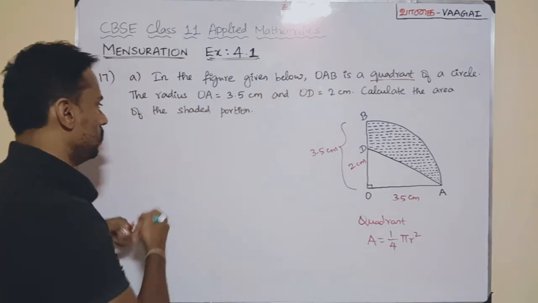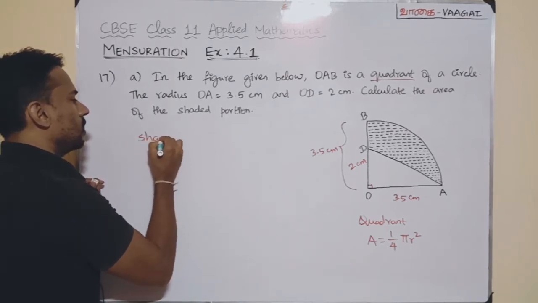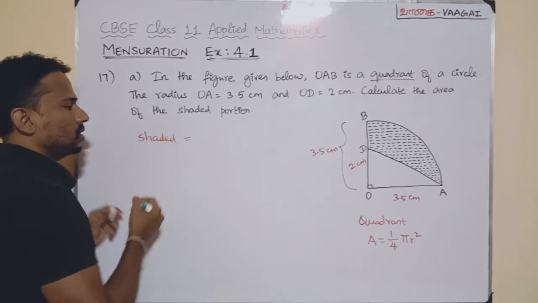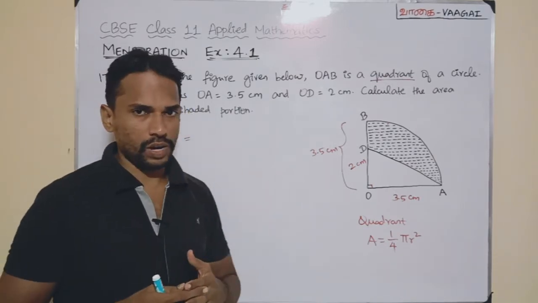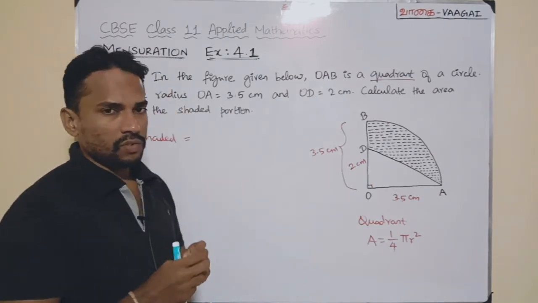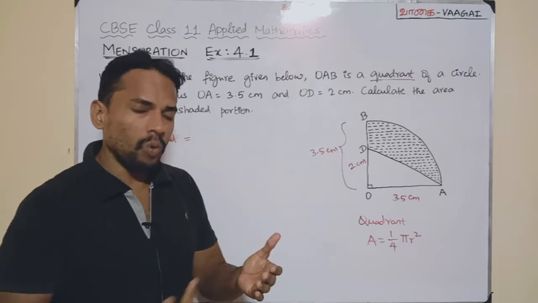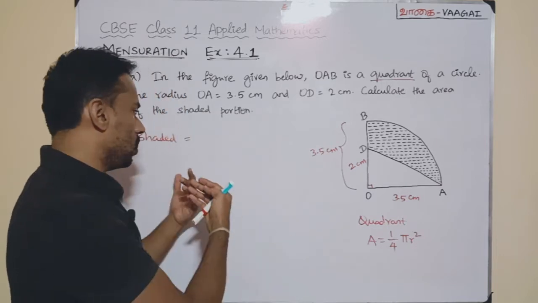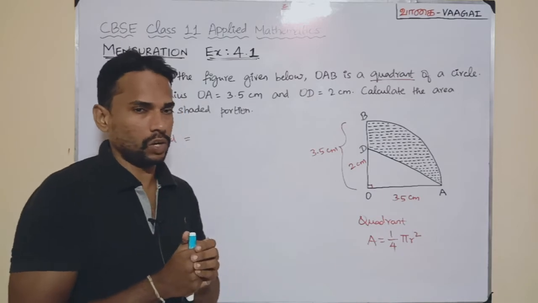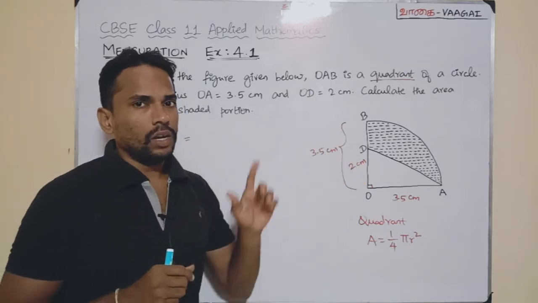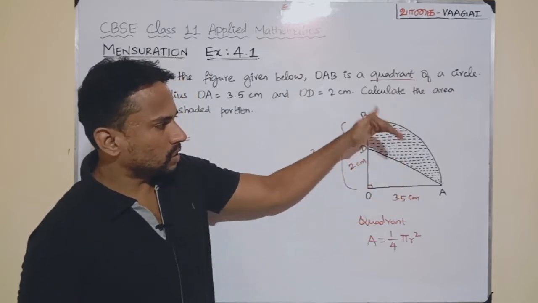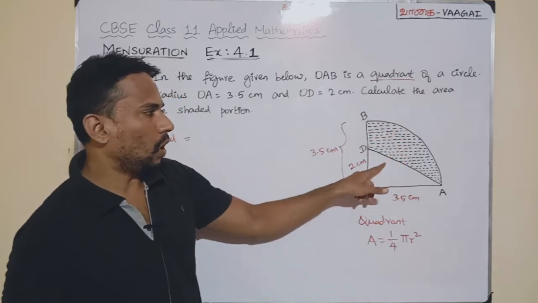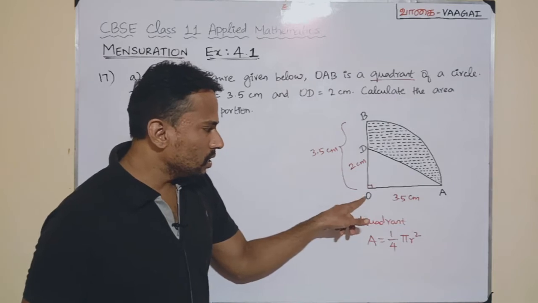Very simple question. So shaded region area we need to find. Just think, to find the area of the shaded region, from which portion, if I remove which portion, we'll be able to get the area of the shaded region. That way we have to think. Now look here, this shaded portion is inside the quadrant, but it is outside the triangle OAD.